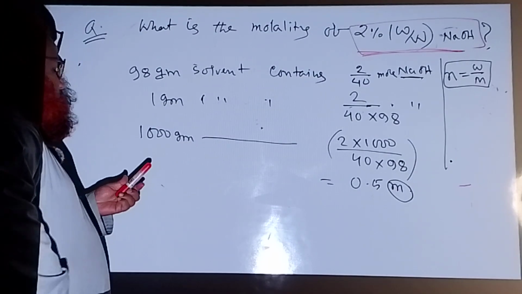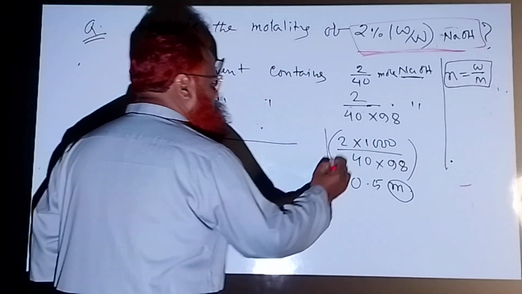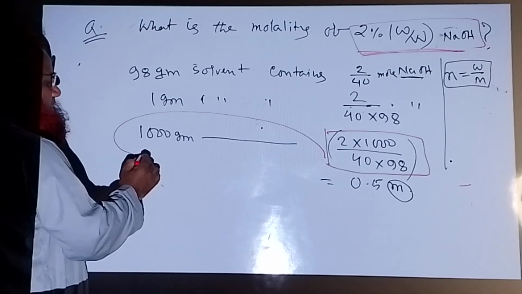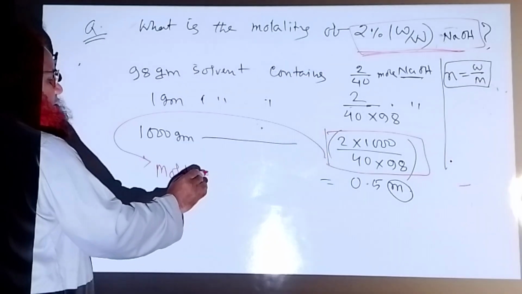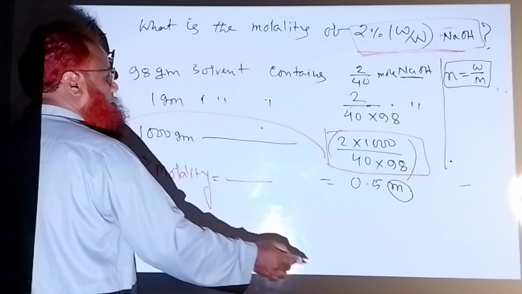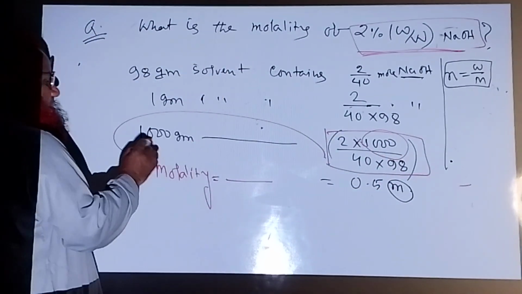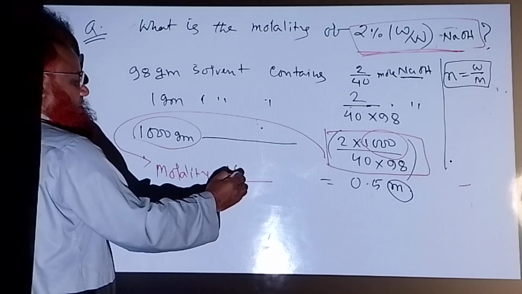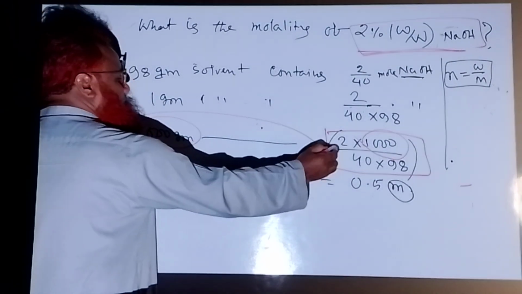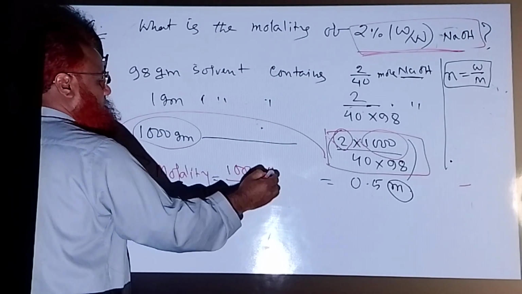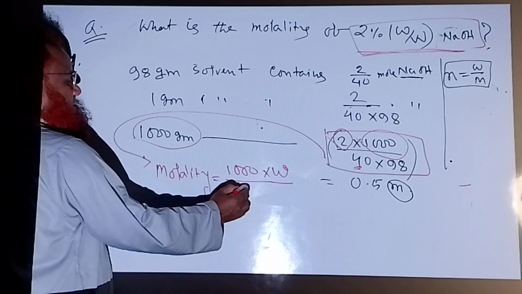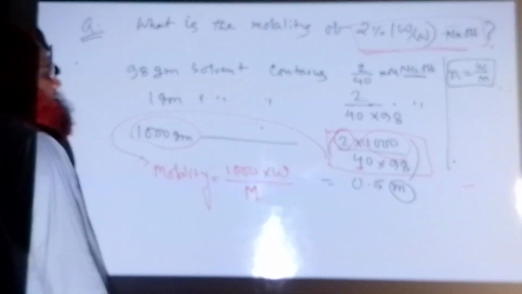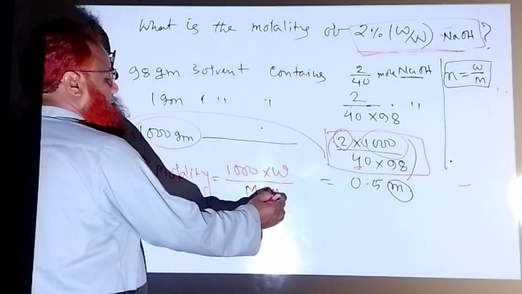So from this calculation you can easily find the formula of molality. My dear student, this is very, very important for you. Look here, everyone. Molality equals 1000 grams, as the formula considers 1000 gram. So this is 1000 and here 2 is the given mass, that is W. Now 40 was the molecular weight of sodium hydroxide, and 98 is the mass of the solvent.